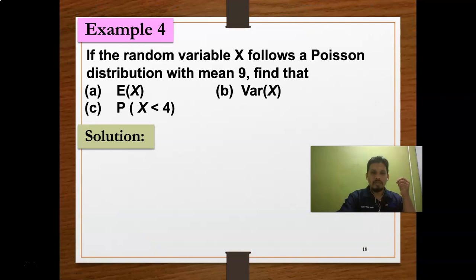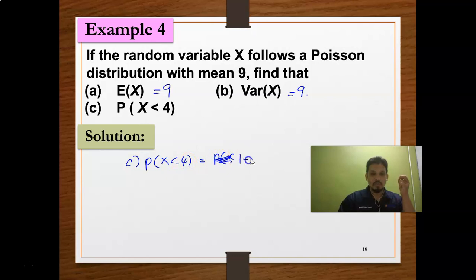If the random variable x is Poisson with a mean of 9, find E(X). This is 9. The variance is also 9. For part C, the probability of x less than 4 means x equal to 0, 1, 2 and 3. It does not include 4.